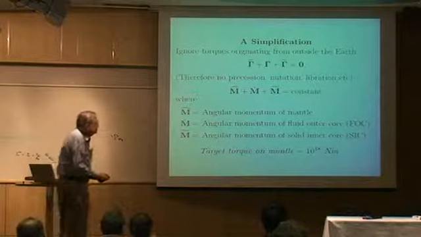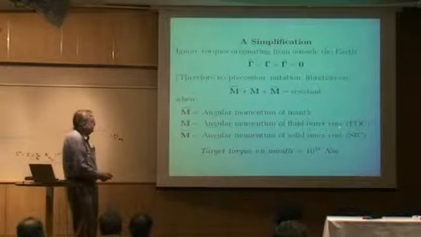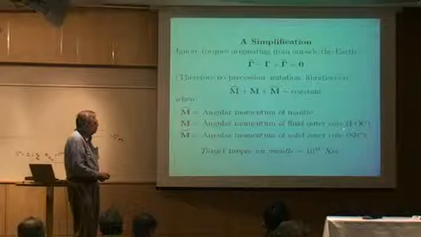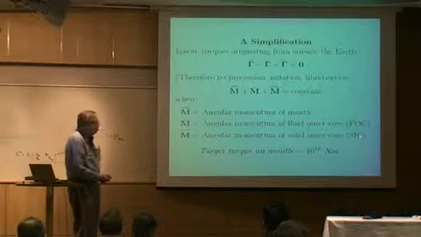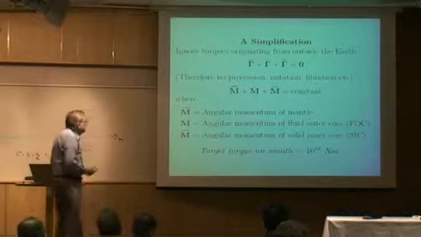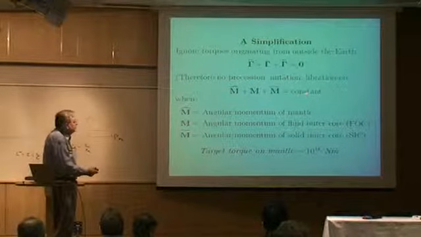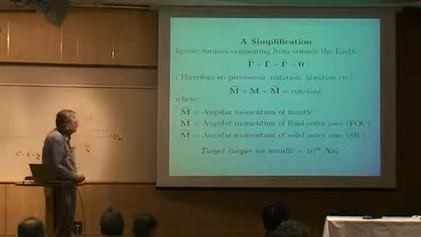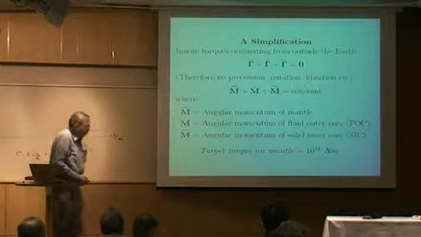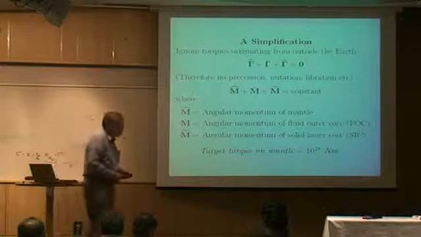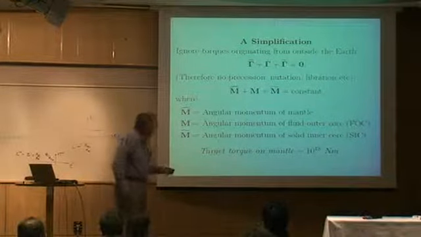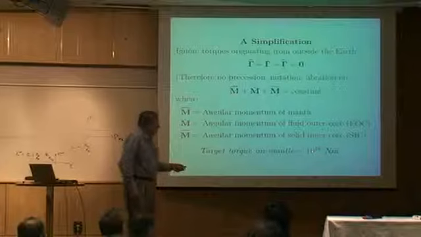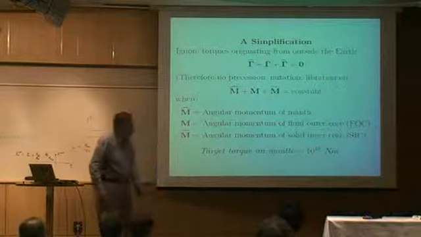So notice this notation. FOC means fluid outer core. SIC means solid inner core. And there they are. The angular momenta of these three things add up to a constant. And what are we looking at? We're looking at torques on the mantle which are approaching 10 to the 18th Newton meters.